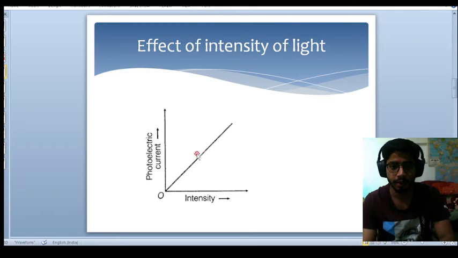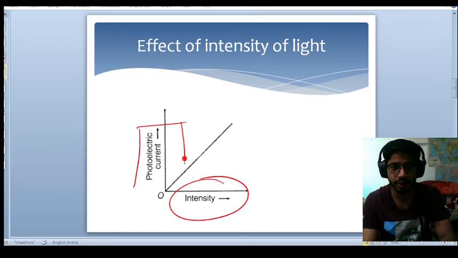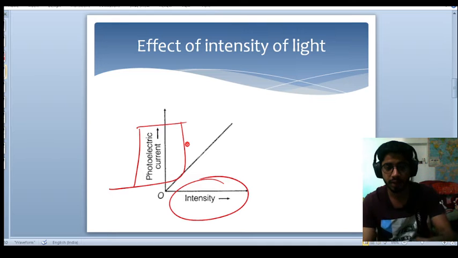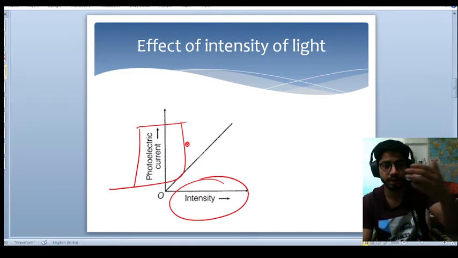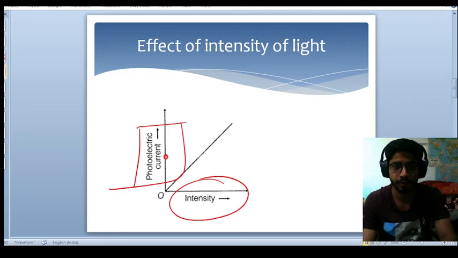So if we increase the intensity of the light, then the photoelectric current will increase, meaning the number of electrons ejected from the metal surface will increase.